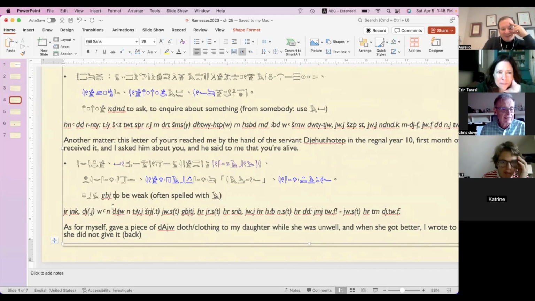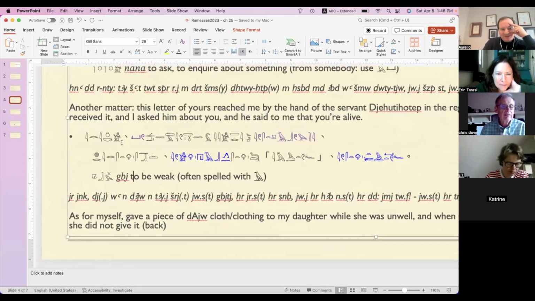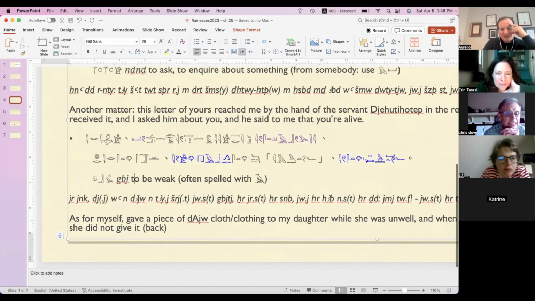Okay, so let's take a look at that grammatically. Lot of interesting stuff happening here. First off, you're emphasizing the subject for the next part. As for myself, this is probably indeed DE, so there's a subject missing here. I gave one piece of cloth or garment of that cloth to my daughter while she was being unwell. This looks like it could be a continuation, but it isn't. It's very clear from the stative: this is as she was being unwell. So there's multiple things that can start with US.